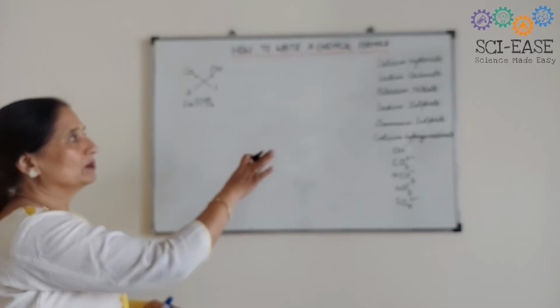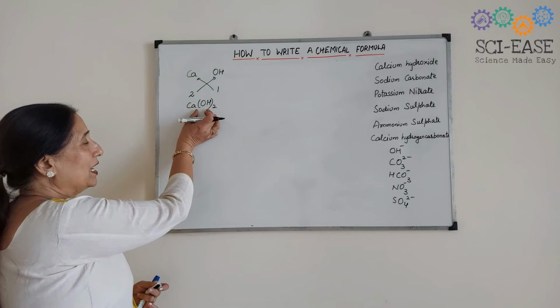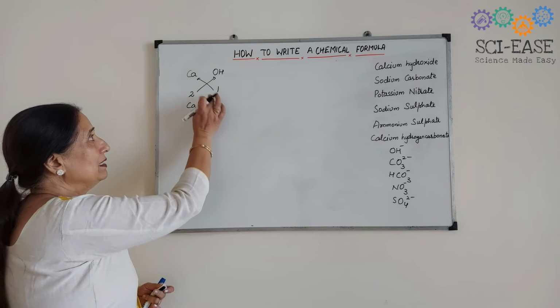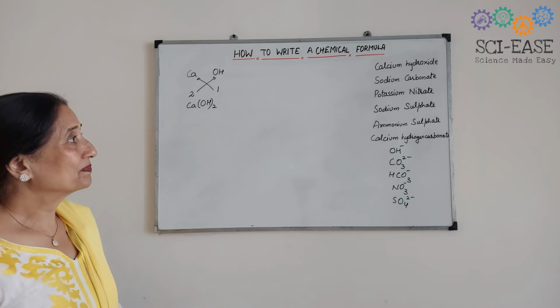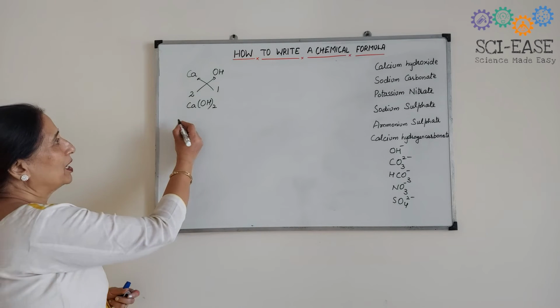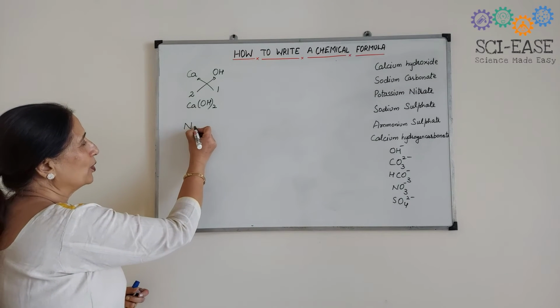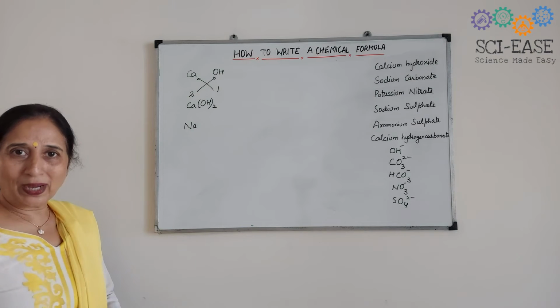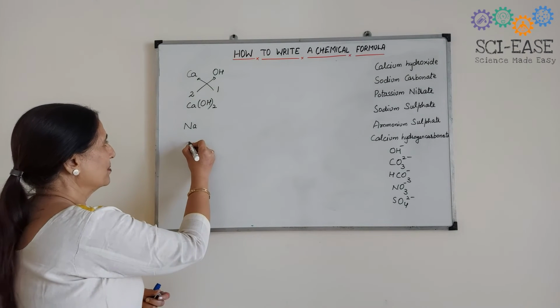So the formula of calcium hydroxide will come out to be Ca(OH) whole twice. It shouldn't be OH2. The polyatomic ion should be written in brackets. Now come to sodium carbonate. Sodium has 1 valency, monoatomic.